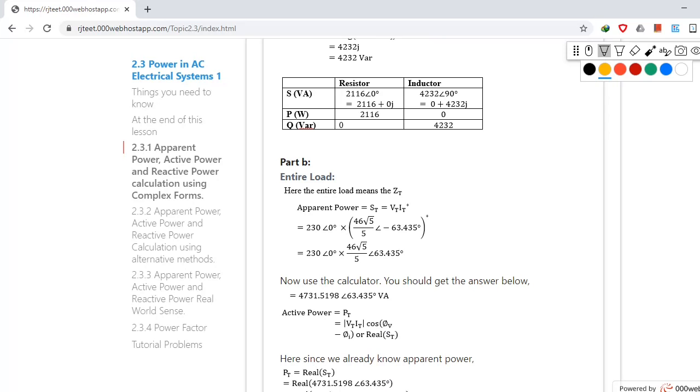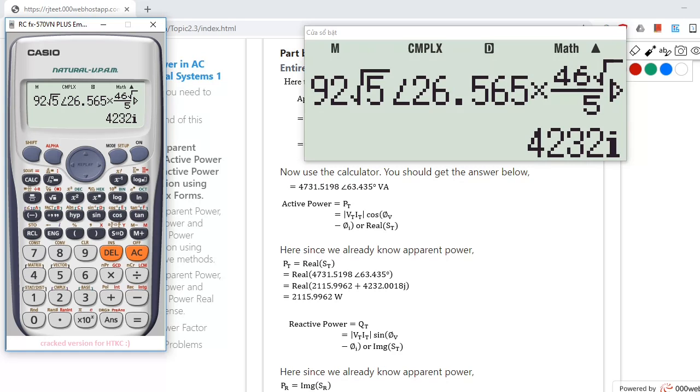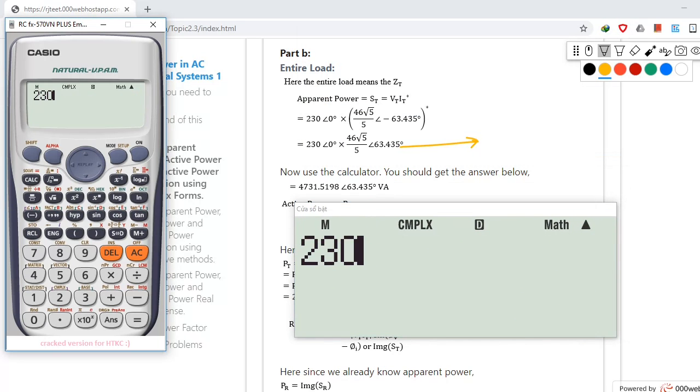Now we can easily calculate apparent power. You substitute the voltage value and the current value, and then you have to calculate the conjugate of the current value. You know how to calculate conjugate, and now to simplify this you are going to use the calculator. It's 230, and in this case, since the angle is 0, that means I'm entering a real number.